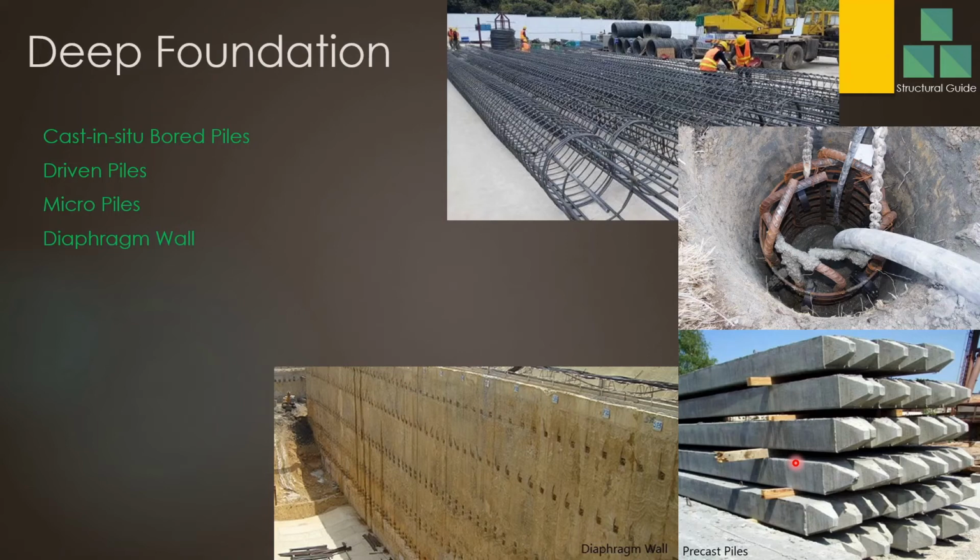If we have peat, we may not be able to build even a single story building because it will settle. In such a situation, we might use driven piles. If we have a hard soil layer below the peat layer or weak soil layers, we can continue the driven piles up to that particular hard soil layer. Then we can rest the building on that.